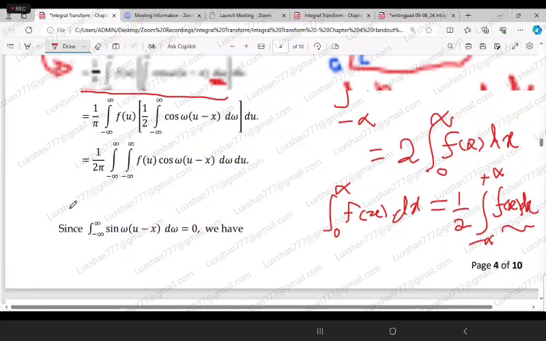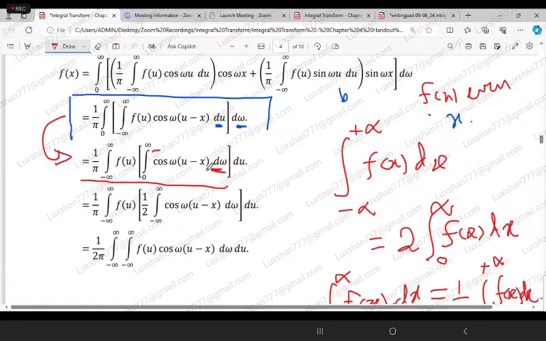Here we know that this cos function is an even function. Cos is an even function. Therefore, I can change this integration from 0 to infinity to half times minus infinity to plus infinity of cos omega (u minus x).